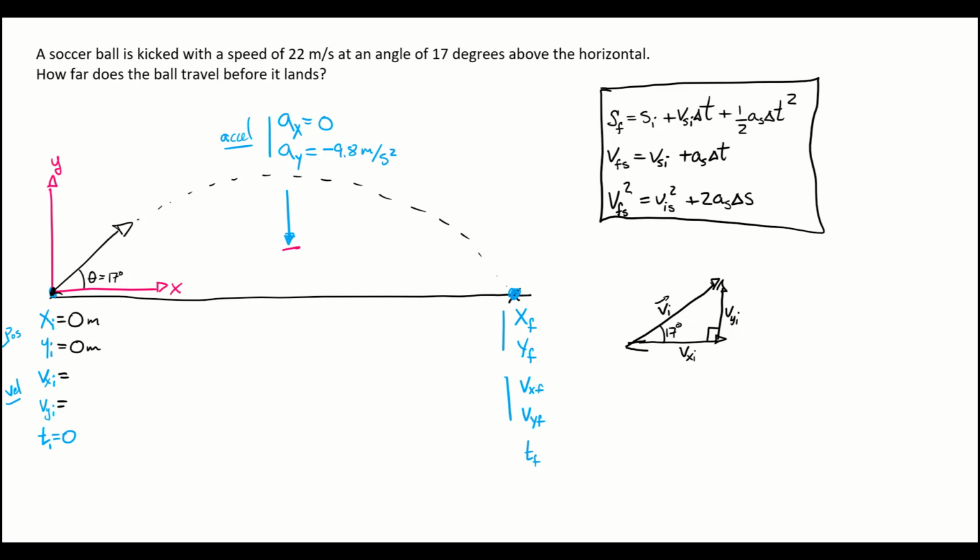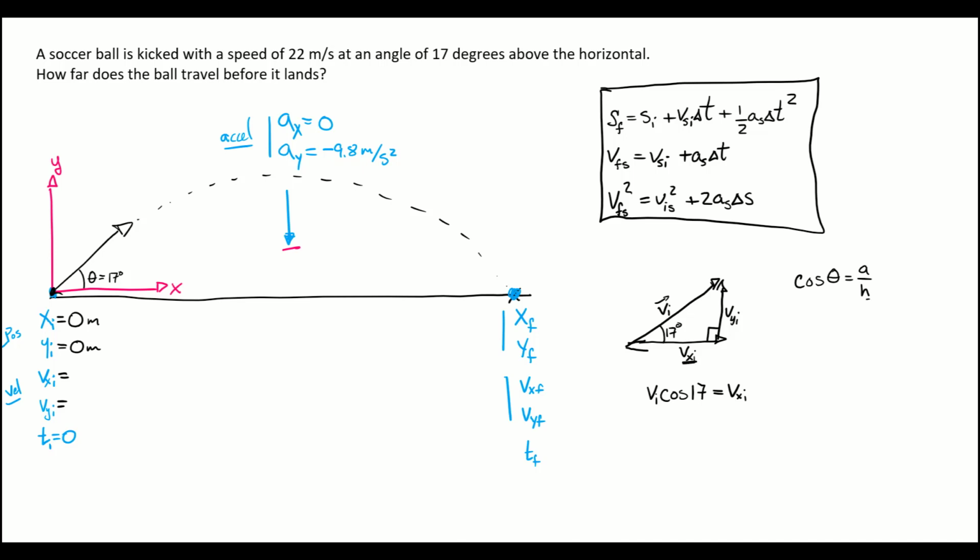So that means if I take that hypotenuse, the magnitude of this side, V initial, times cosine of that angle, 17 degrees, I'm going to get Vx initial, right? Because cosine of theta is equal to adjacent over hypotenuse. Vx initial is my adjacent.